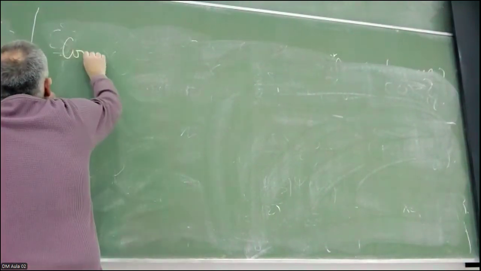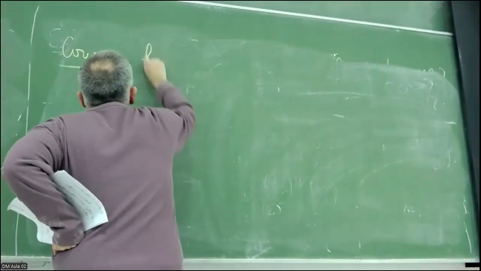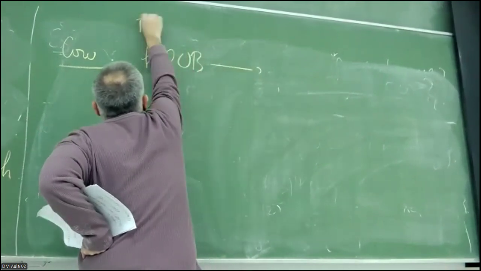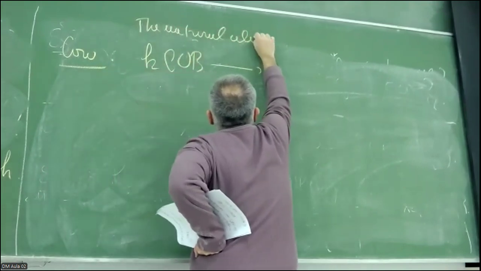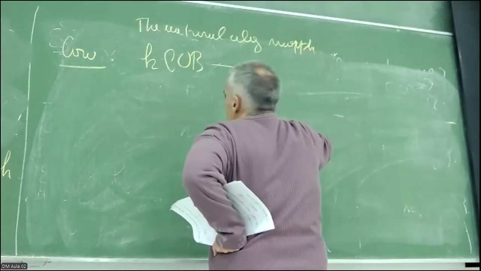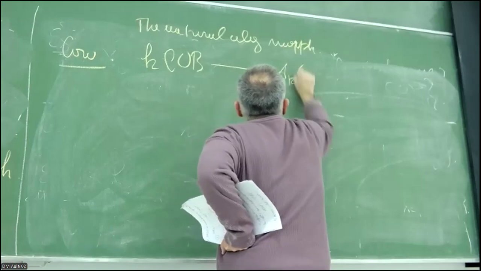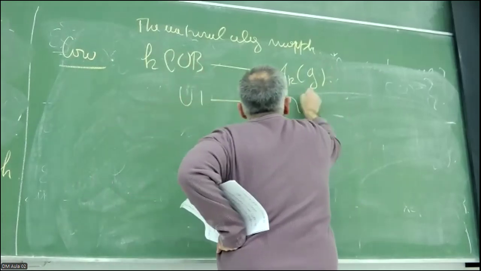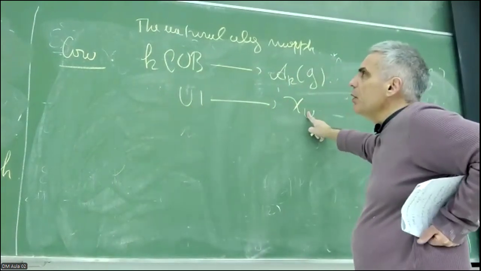So a corollary of that proposition is that we have the natural algebra homomorphism from K of the compact open bisections to A_K(G) that sends U to the characteristic function of U. Mapping U to the characteristic function of U is a semigroup homomorphism.